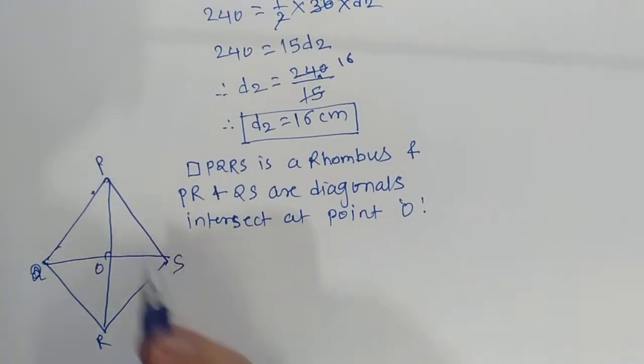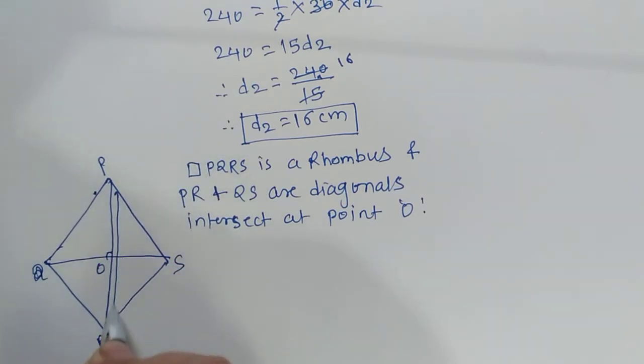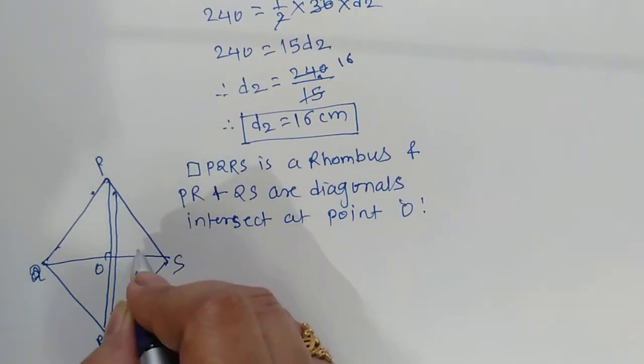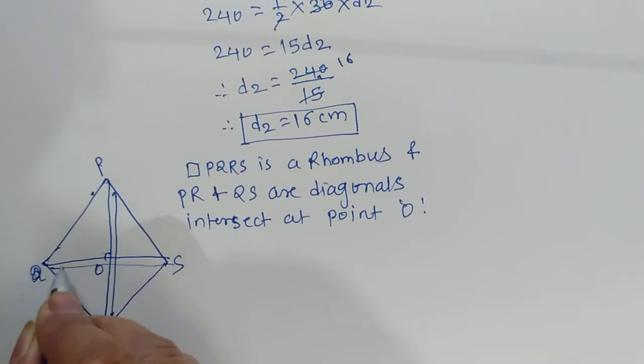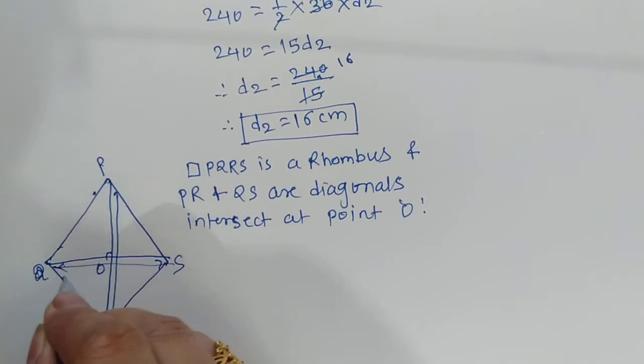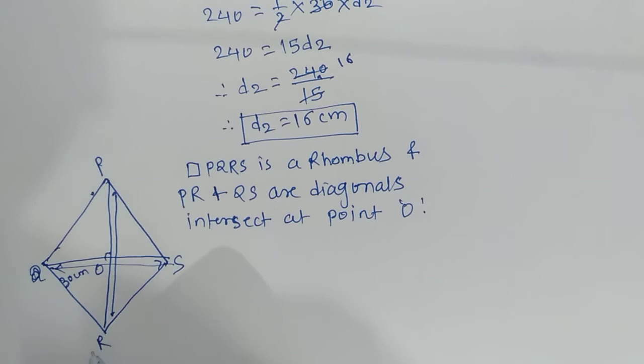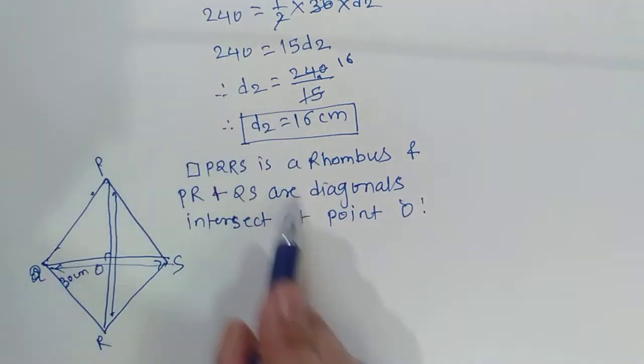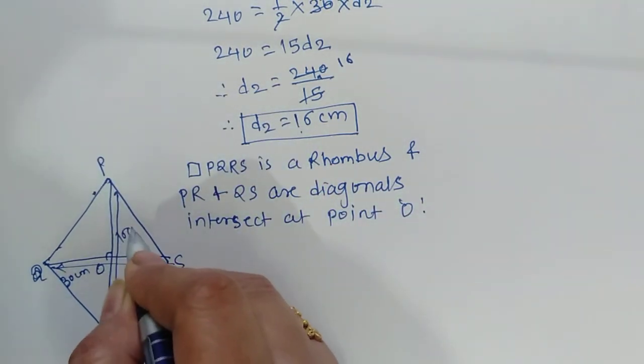Now we know the length of PR and QS. QS is 30 centimeter and PR is 16 centimeter. Correct?